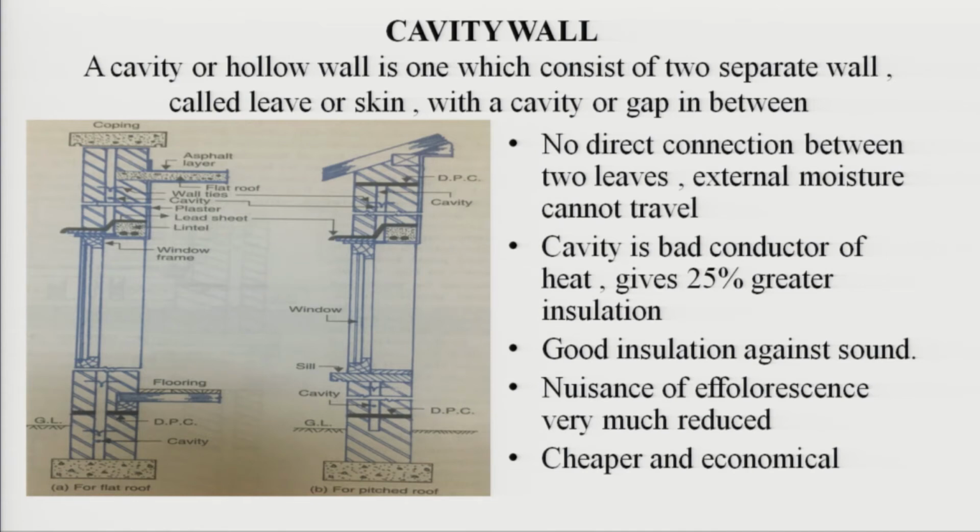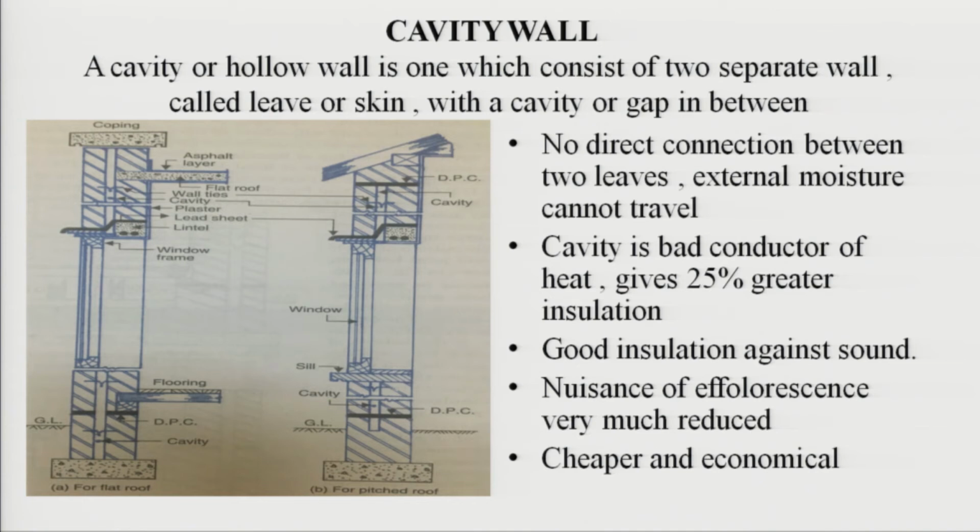Now, come to the cavity wall. A cavity or hollow wall is one which consists of two separate walls called leaf or skin with a cavity or a gap in between. There is no direct connection between the two leaves, so external moisture cannot travel.